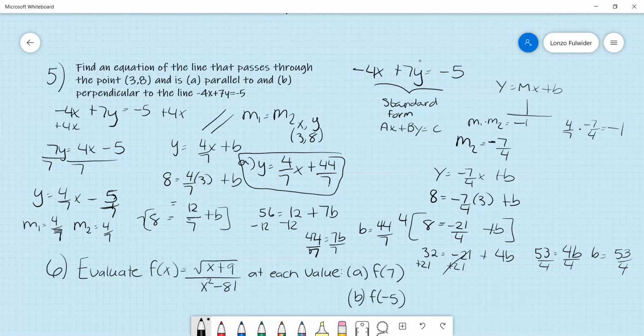And then, let's see, can 53 be divided by 2? It can't, so this is the most simplified. So the answer for part B is y equals, the slope is negative, m2 is negative 7/4 x plus b, which is 53/4. So this is your answer for part B.